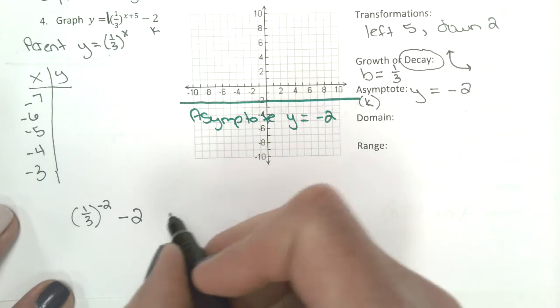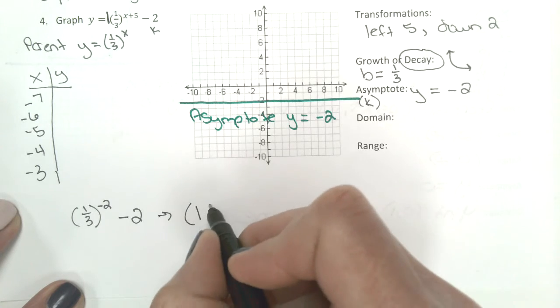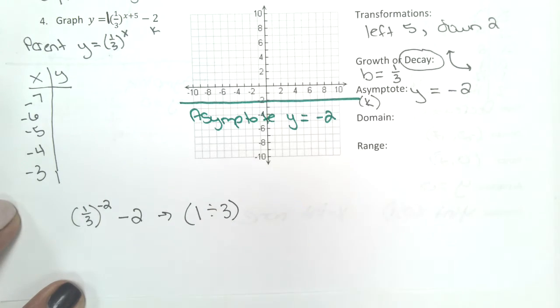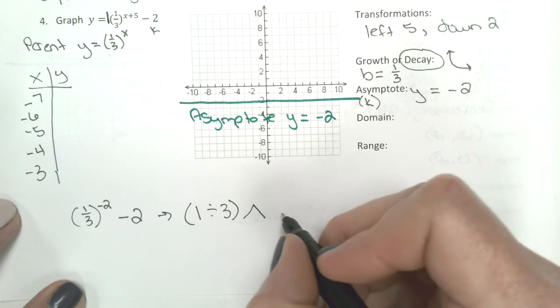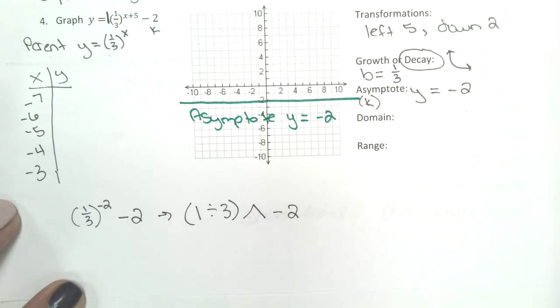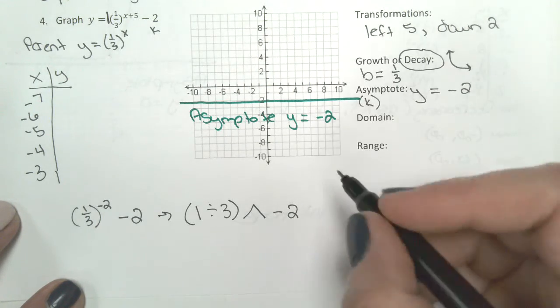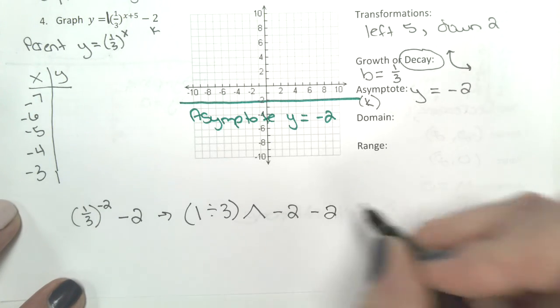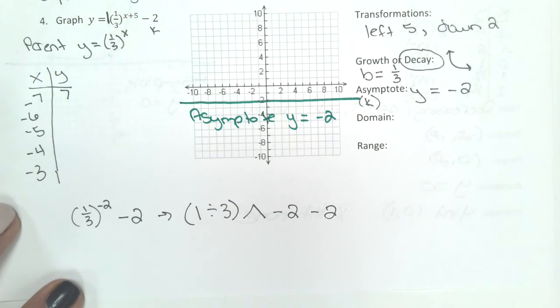And so here's what I really typed in my calculator. I did parentheses 1 divided by 3, I hit my caret key, and I did negative 2. And so since I don't have any parentheses there, it knows that I am done with my exponent. And then I went minus 2 again, and you should get 7.